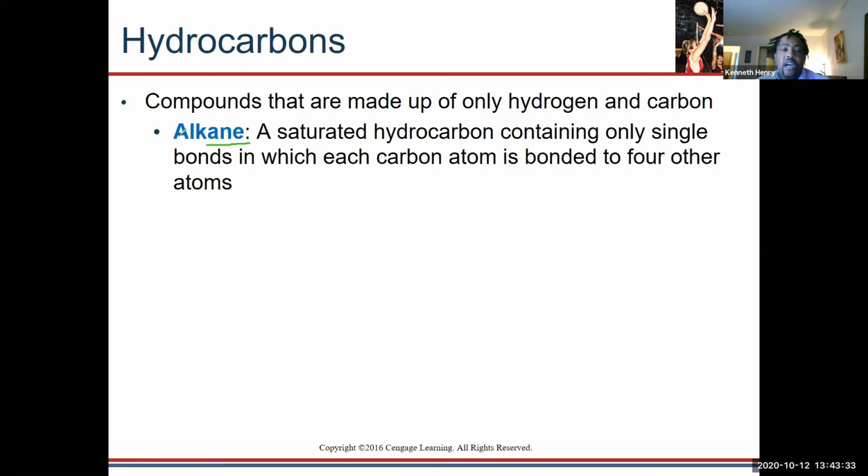Another way of saying it is that they're saturated with hydrogen, meaning that you have so many hydrogens that you only have single bonds, because again, carbon can form 4 bonds, right? So if it's saturated, all 4 bonds are going to be occupied by either a carbon or hydrogens. Okay, let me show you what I mean.